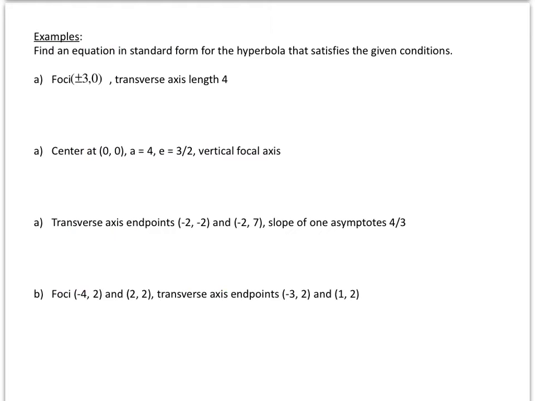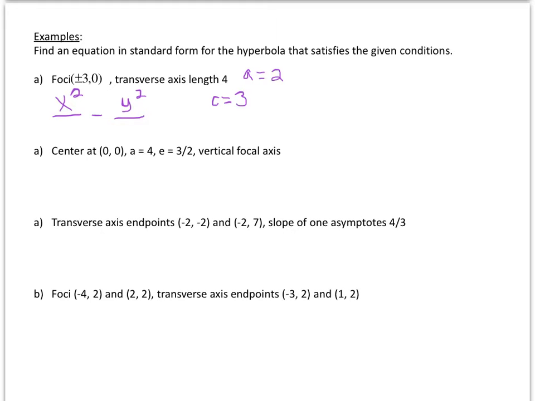If the transverse axis length is 4, that means that a is half of that. Half of the length is 2, okay? So a is 2. If the foci are plus or minus 3, comma 0, that means that x has to come first. Okay, and then it also means that c is 3, because plus or minus 3 is what we have.